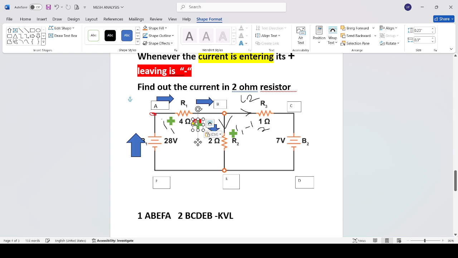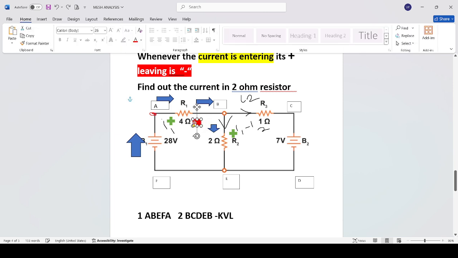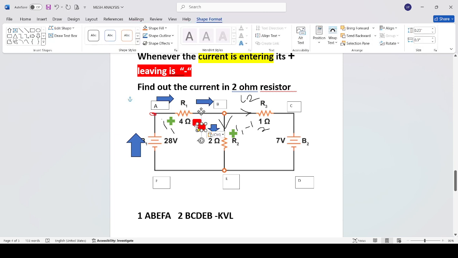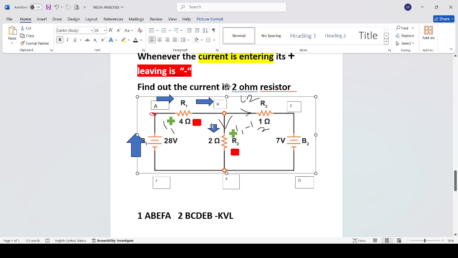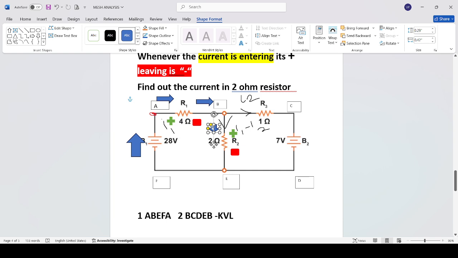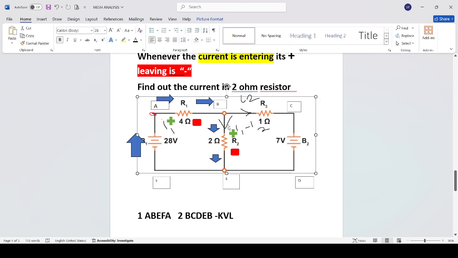When it is leaving, it should be indicated as a negative sign. The current is entering this resistor, so I have put positive. When it is leaving the resistor, I have put negative. So this is the loop A, B, E, F, A.